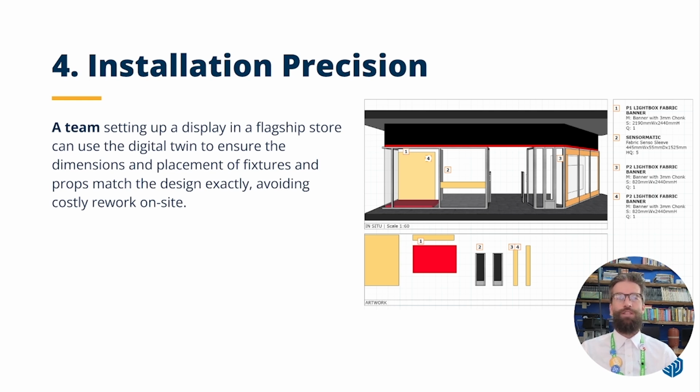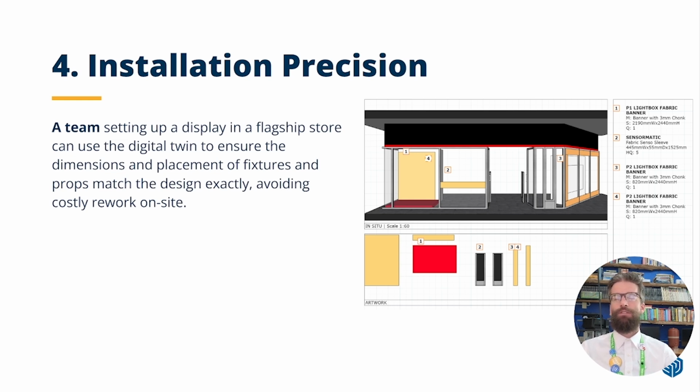You can ensure that the dimensions and the placement of the fixtures and props match the design. And you can have all your specifications listed on one side, all your artwork and fitments guides specifically for that store in place. So this will avoid doing costly reworks on site, right?